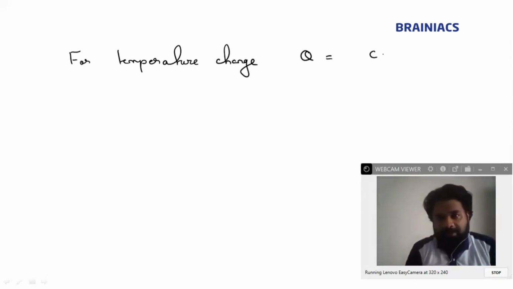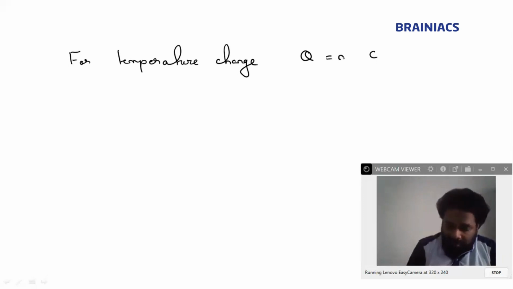Specific heat capacity is the heat required for changing 1 gram of mass by 1 degree Celsius or 1 Kelvin. That is, the heat required to change the temperature of a body by 1 degree Celsius or 1 Kelvin for a unit mass, either 1 gram or 1 kilogram, based on the unit. That is what specific heat is.